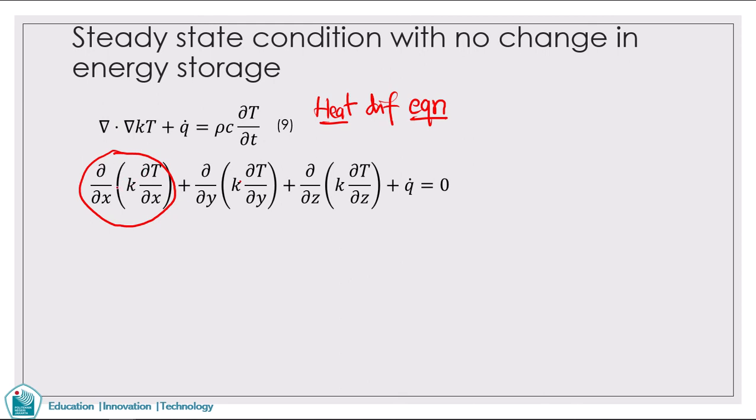So it's the second partial derivative. Since the k is constant, we can write like this: k del square T over del x square. And the same for the y and z direction.